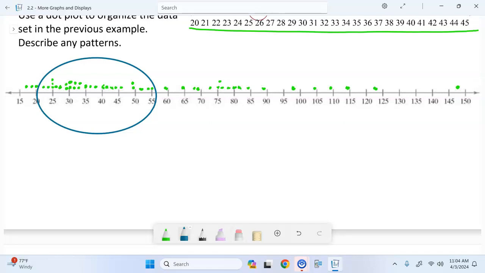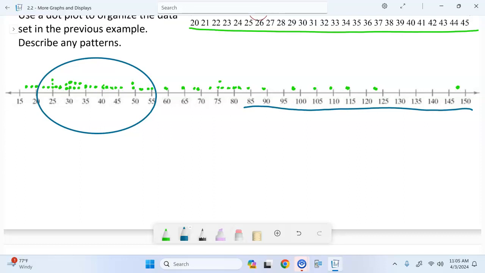We see that as we get above 50 or 85, well, our dots start to spread out more, and we have fewer and fewer data entries. So we can still see that visual trend, but because it's on such a large range of numbers, its effectiveness gets less.